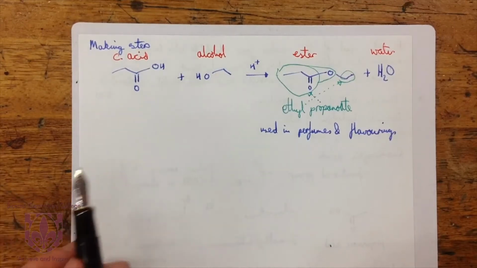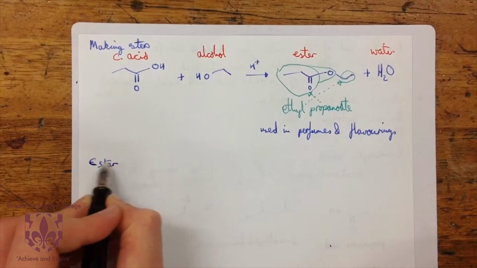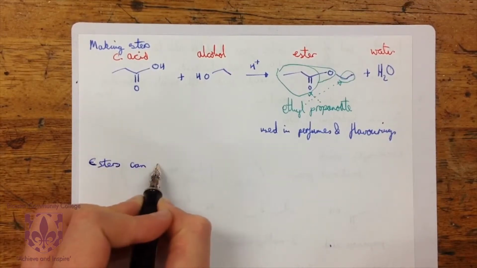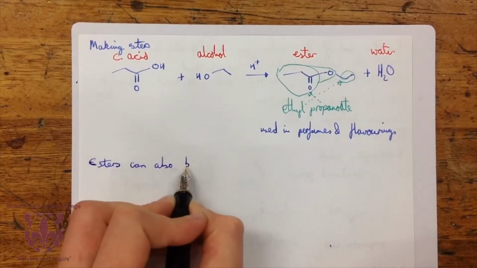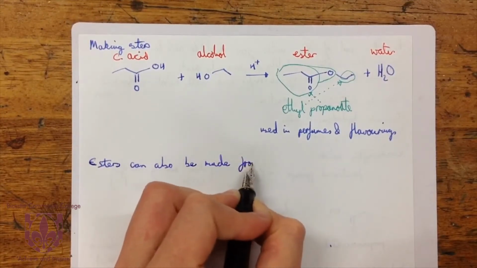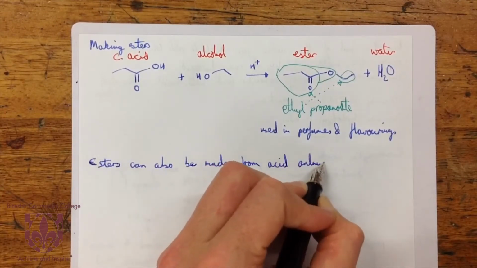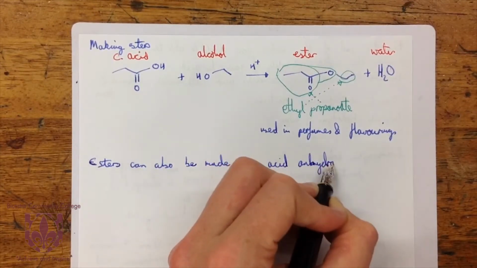Okay, so esters can also be made from acid anhydrides. So this is something we haven't come across before, and we're going to have a look at these.